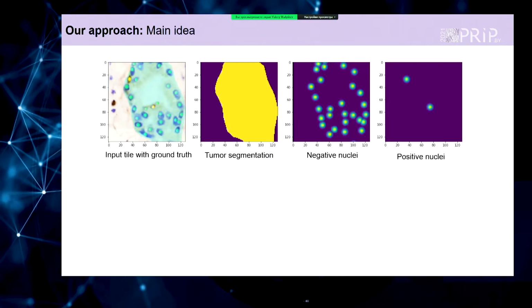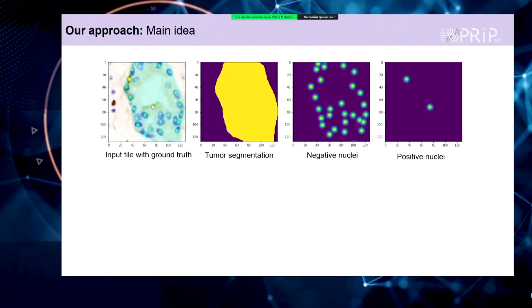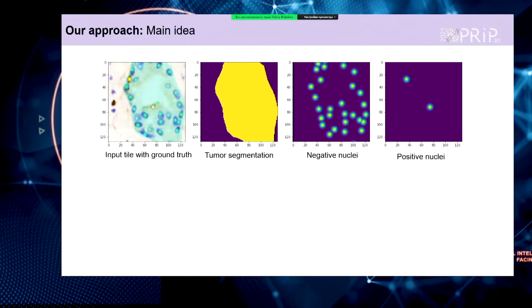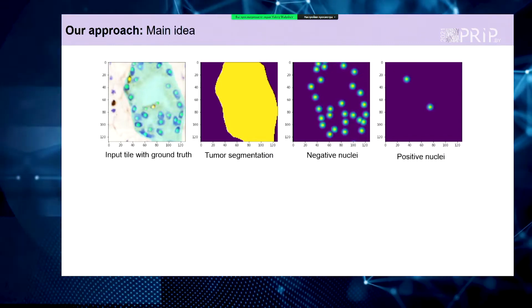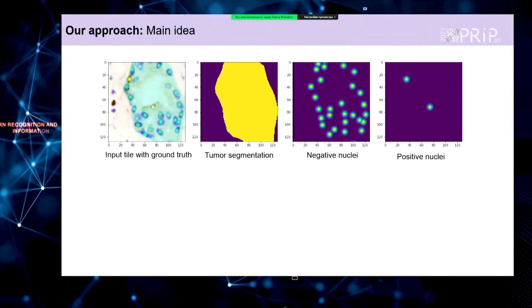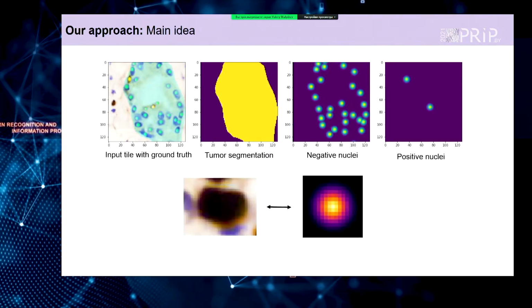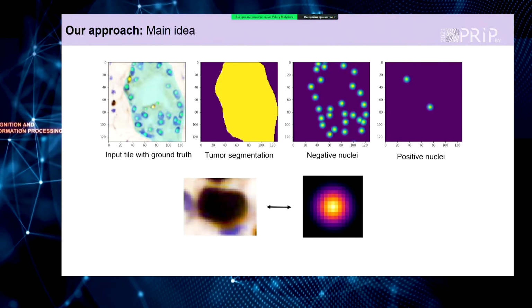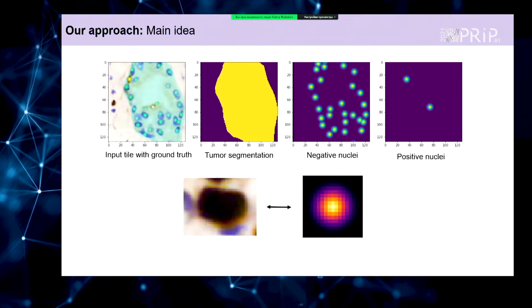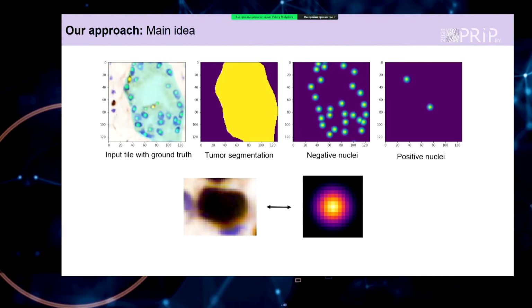So our idea is to predict heat maps of nuclei centers rather than segmenting them as in classical object detection or some methods of nuclei detection. Here is our really simplified idea: we have a cell, we create a smooth point, and then try to predict it.